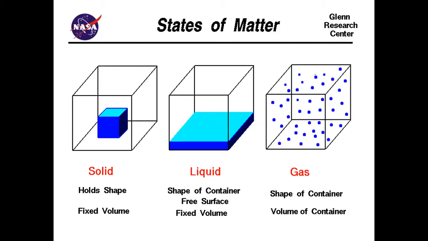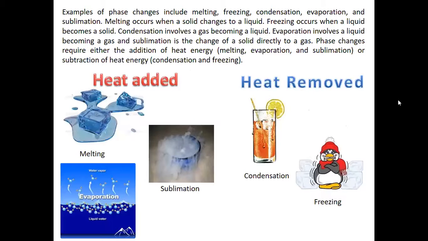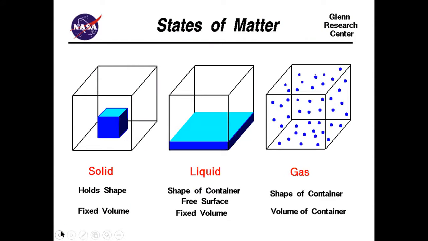And by putting that solid in there, it maintains its shape, and it has a fixed volume. It does not increase in volume in any way, shape, or form. Okay, so my solid is right there in the glass. You can see it.